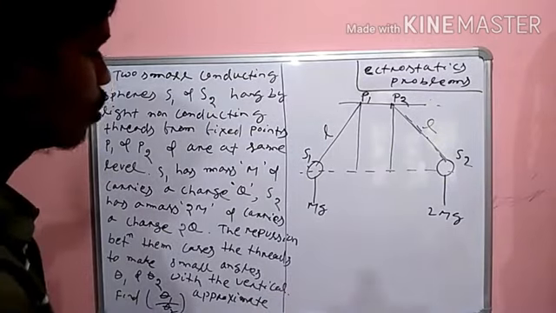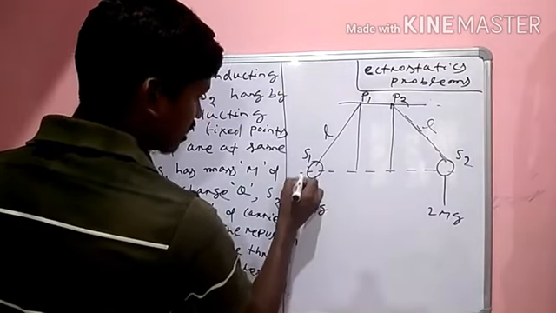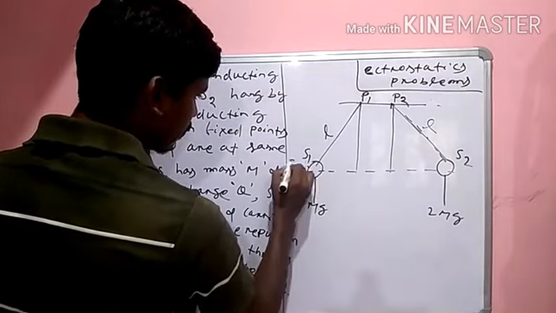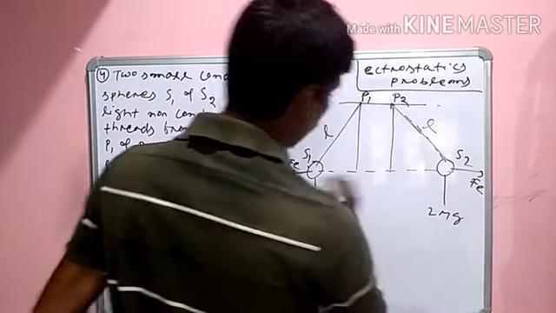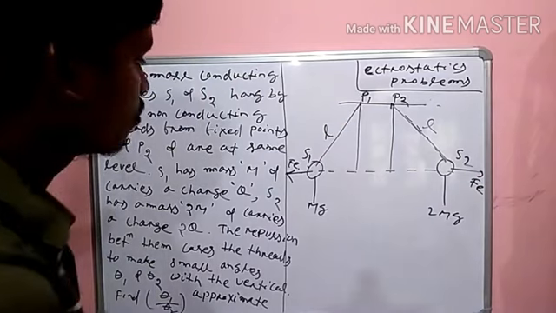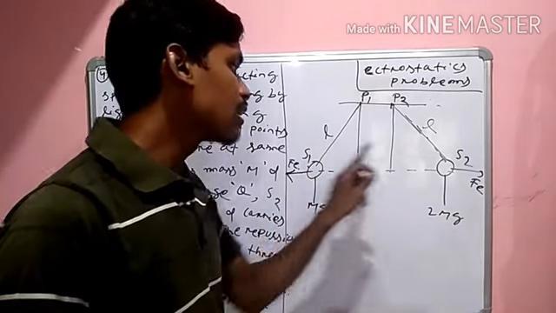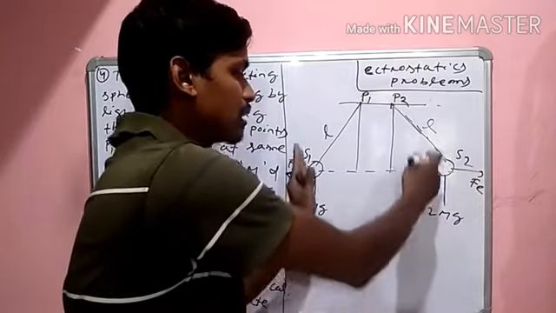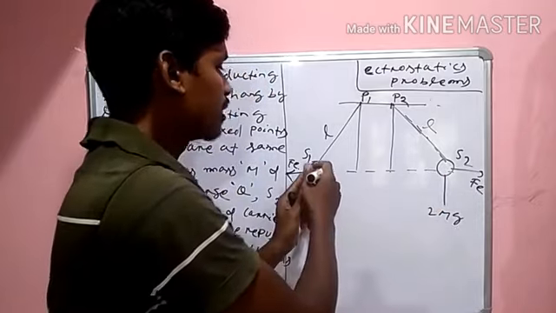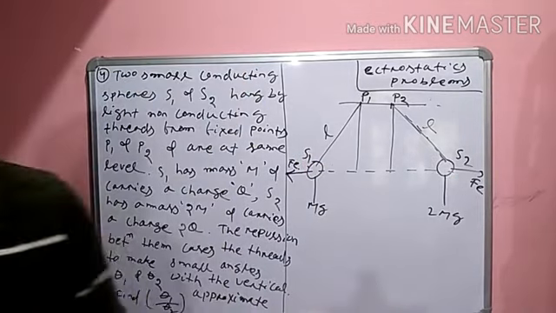So here the force acting on this body is in this direction, Fe. In this direction, Fe. The two forces are equal. Yes or no? Because Fe is equal to beta Q1 Q2 by distance square. The distance between the two charges is like that. Yes or no?